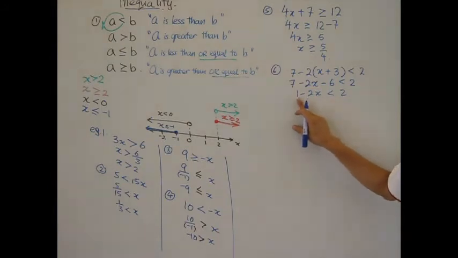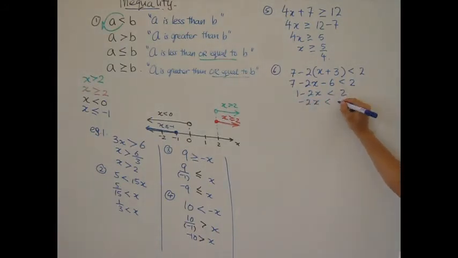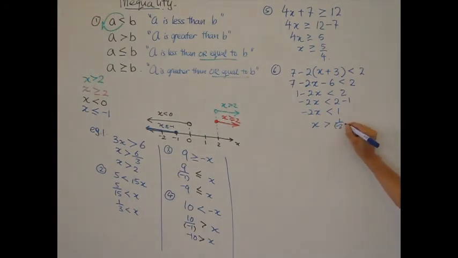Now I have to get rid of the 1, so go to the other side. That becomes 2 minus 1, so that's 1, and -2x. So x, I need to get rid of -2. You can see that I've changed the sign here from less than to larger than. And usually the negative sign we put in the numerator instead of the denominator.